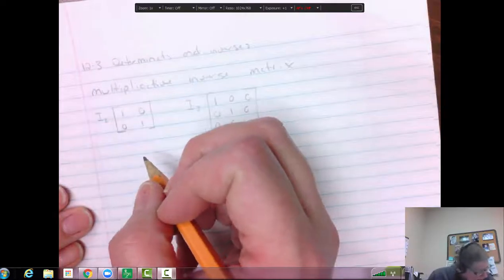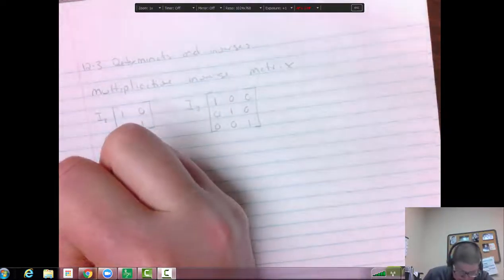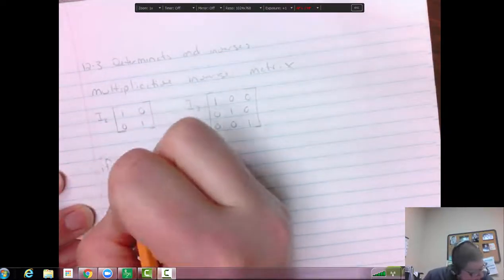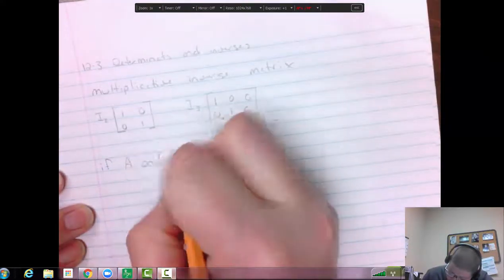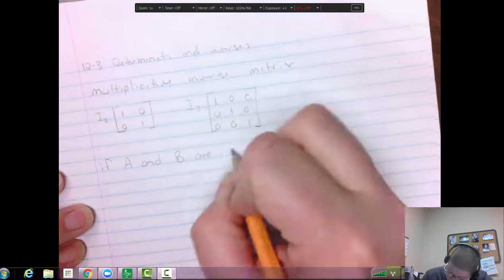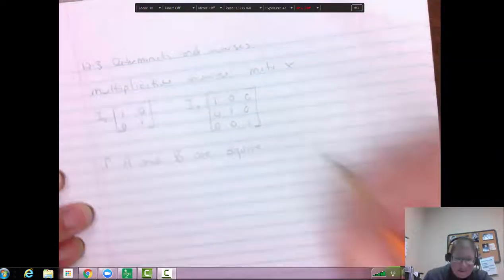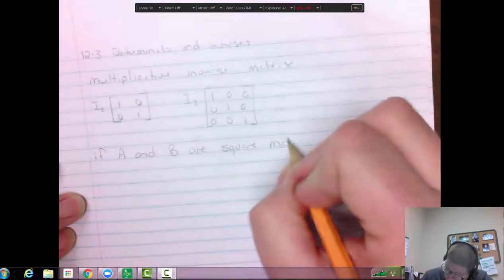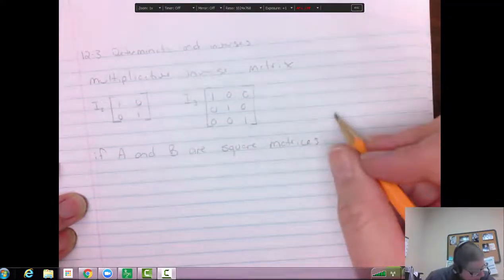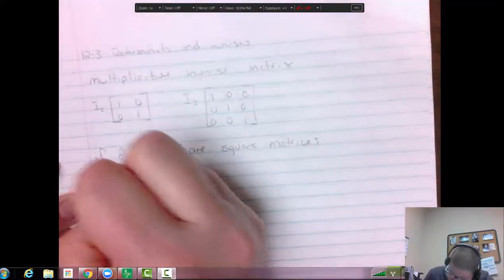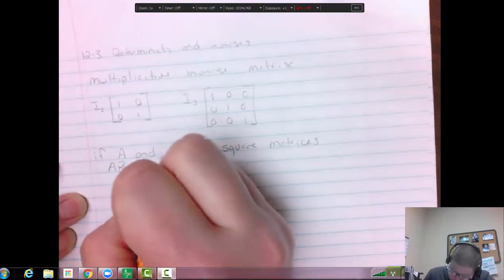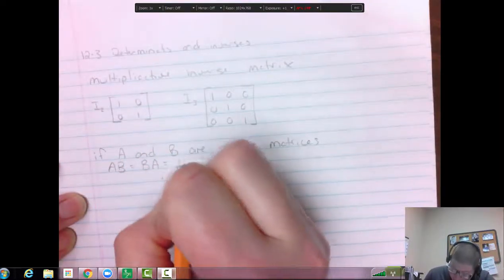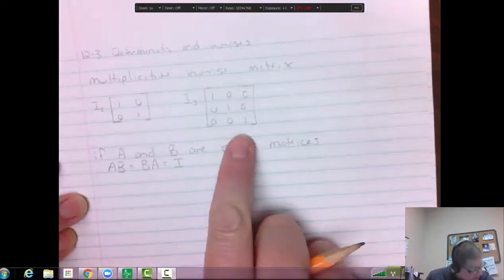If A and B are square matrices, so they have to be square, then A times B and B times A have to equal one of these types of matrices that we see here.